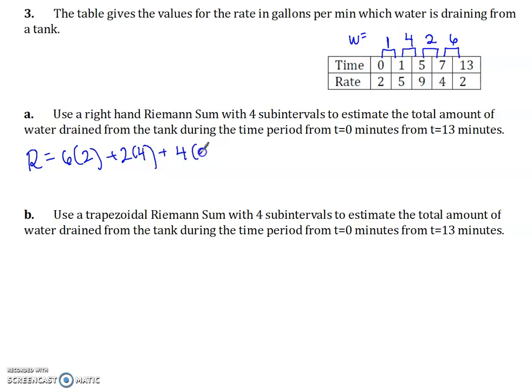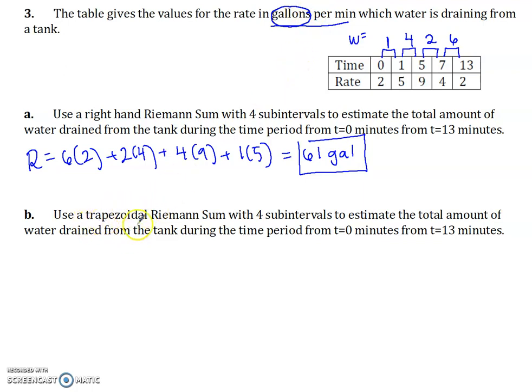So this will be 4 times 9 plus my last one. The width is 1. The height we're going to use is 5. So multiply those together and add them up, and you're going to get a total of 61 gallons. And again, the unit for your answer, if you look at the rate, it's always going to be whatever the part is that isn't the time, so gallons.